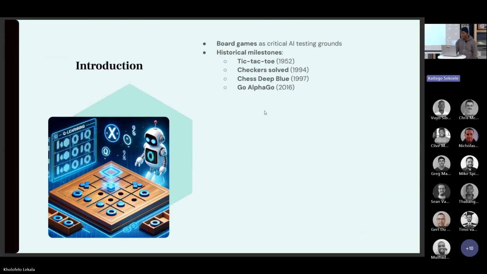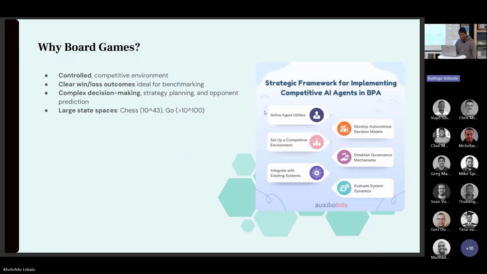For this talk, I'm going to be focusing on agents which play board games, because board games provide a controlled and competitive environment, which is advantageous when you're trying to figure out the properties of these agents. You can use them to play multiple games which have their own properties, rules, and play options, including the states the player can be in.